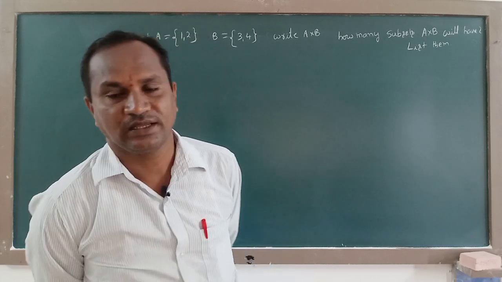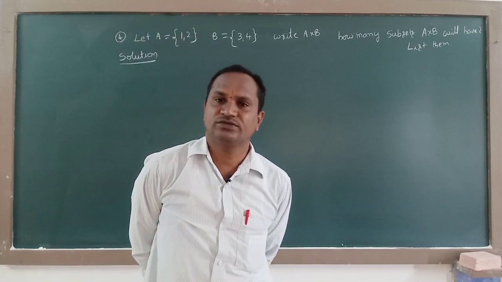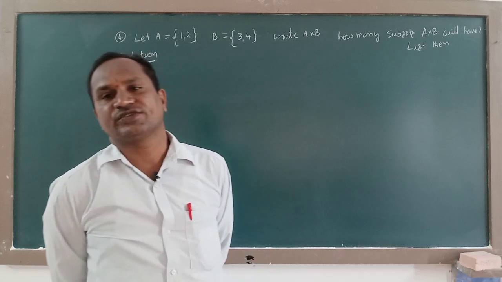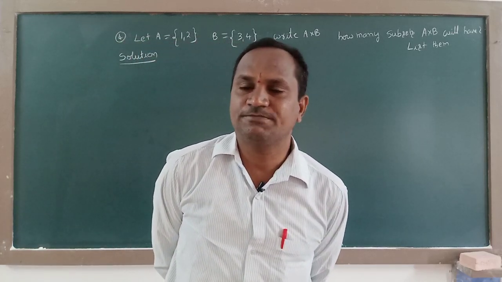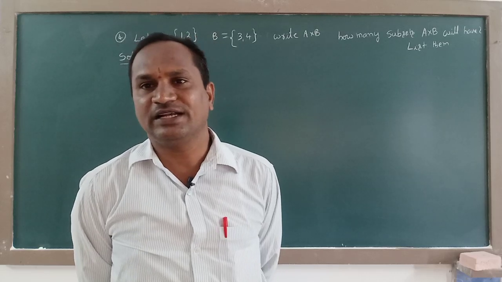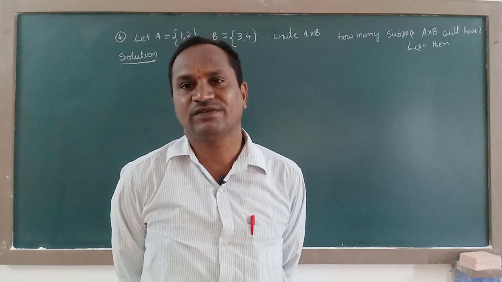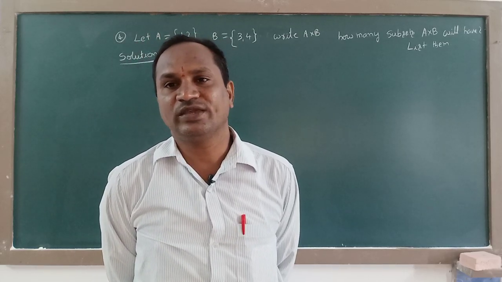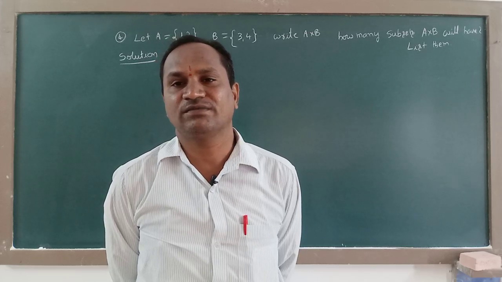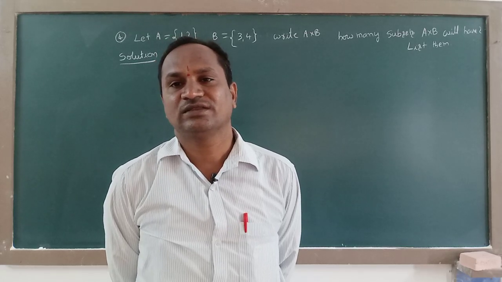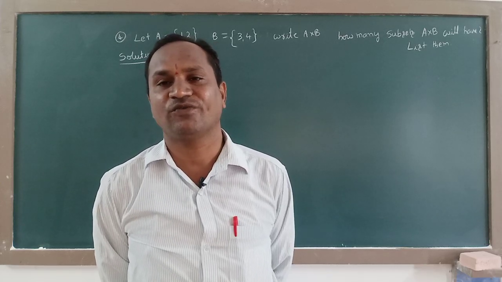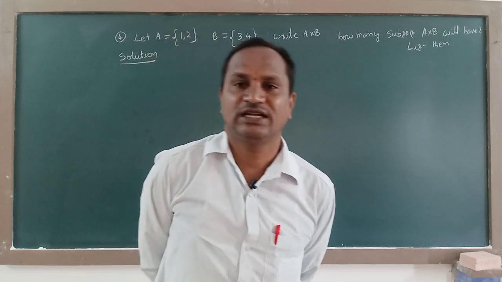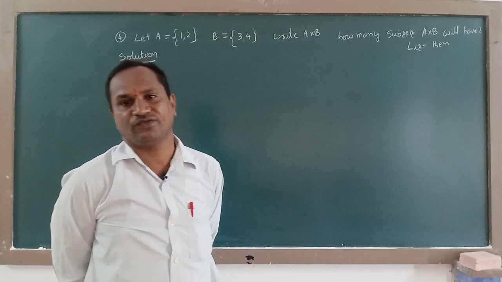Before that, we must find the elements of A cross B first. If we know the elements of A cross B, then only can we easily find the subsets of the given set A cross B. Without knowing the elements, we can't find them. There is no possible chance to find subsets without knowing the elements of A cross B. First we have to find the elements of A cross B.